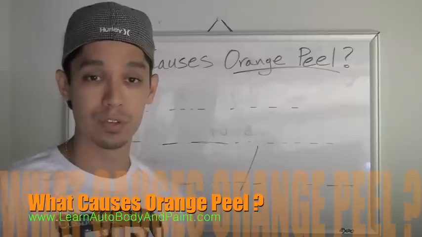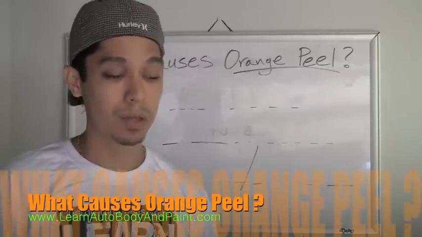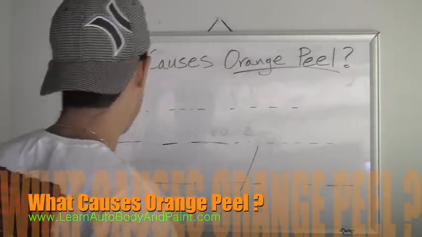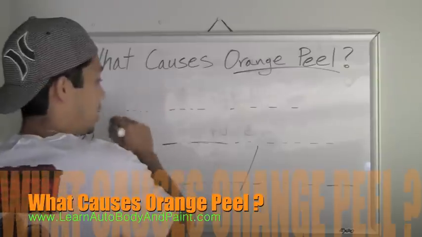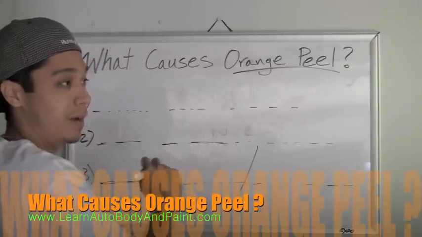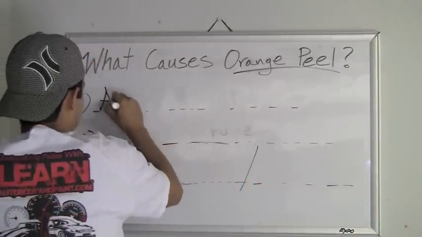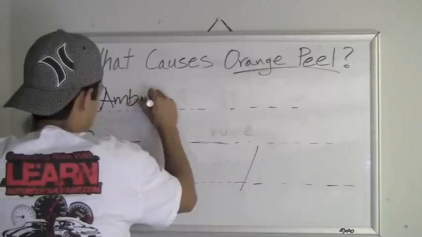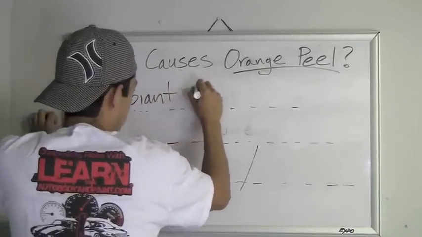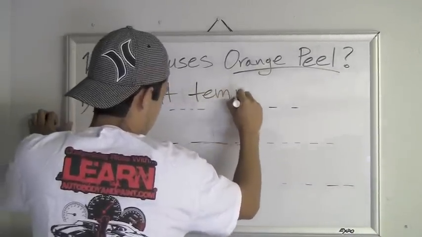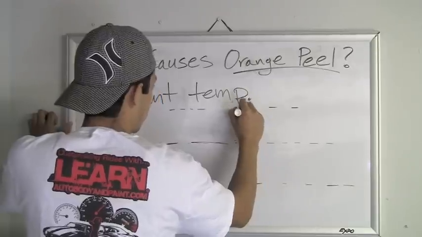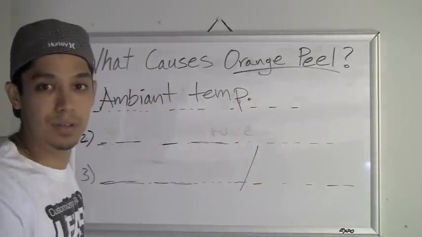Alright, so the first reason why you might have had orange peel is ambient temperature. I'll explain these in detail after I write them down. Ambient temperature.